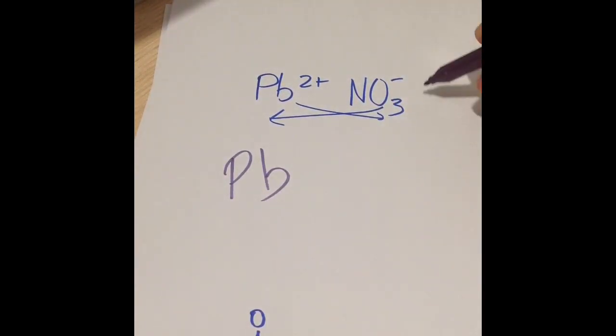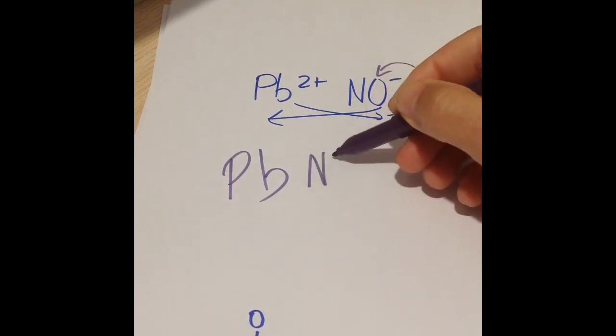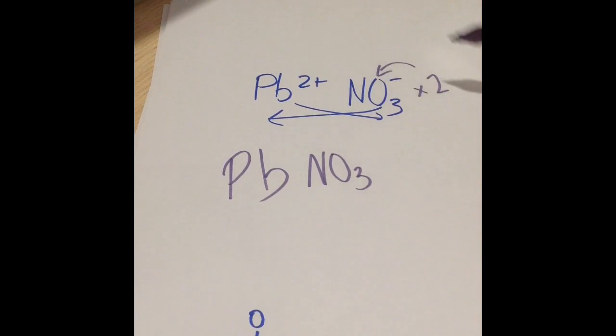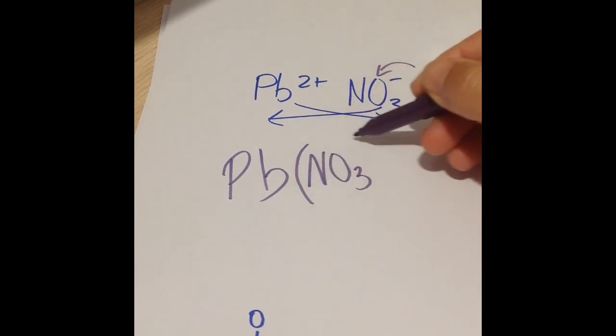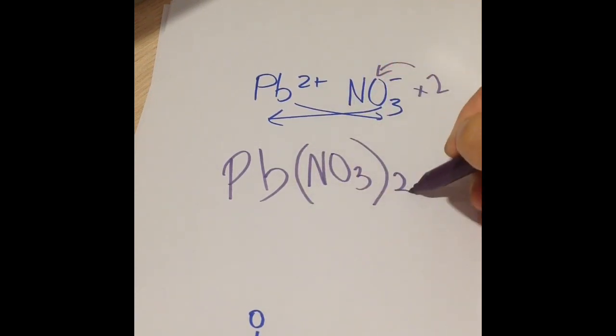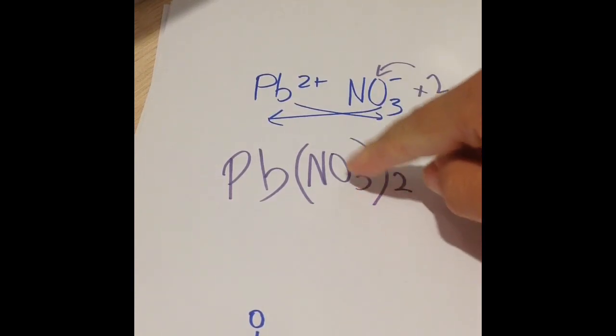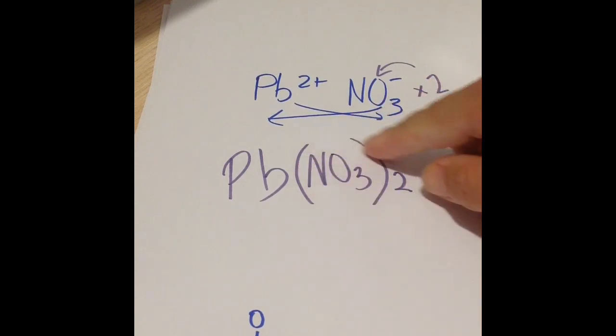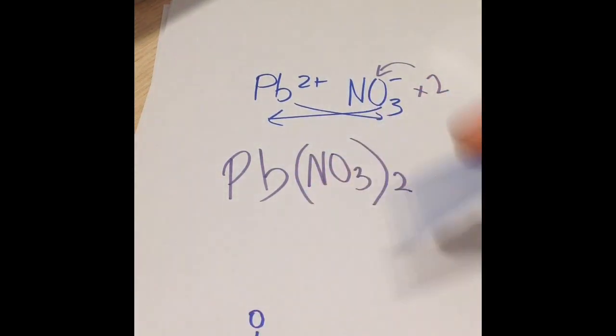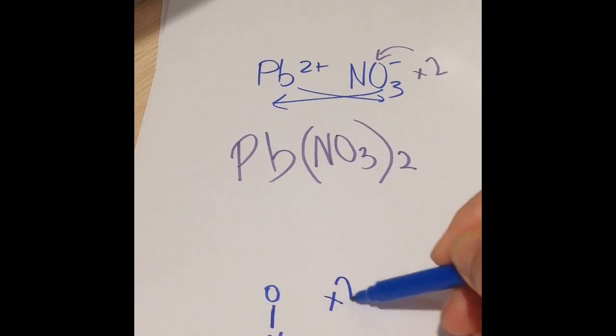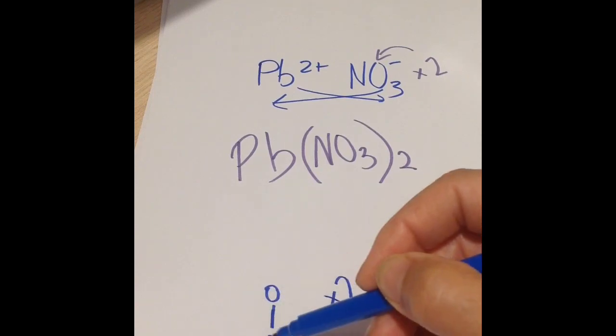Now we know we need 2 of these nitrates. So that's why we put brackets around them and we put a 2. So don't get confused by the little 3. That 3 has to stay there. We can't change that. We need to put brackets around it. What we're saying is we've just times that whole thing by 2.